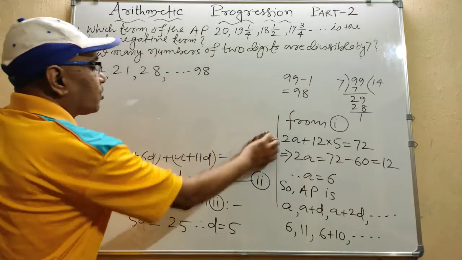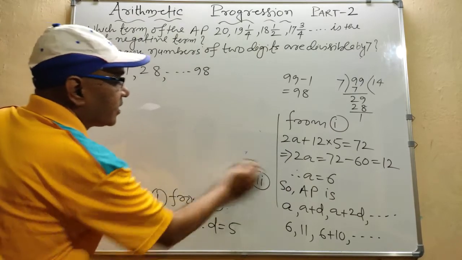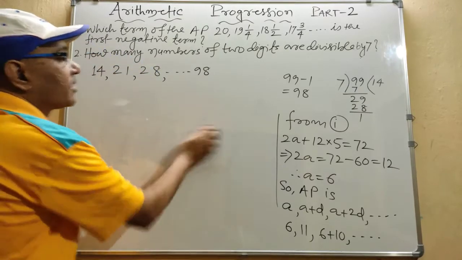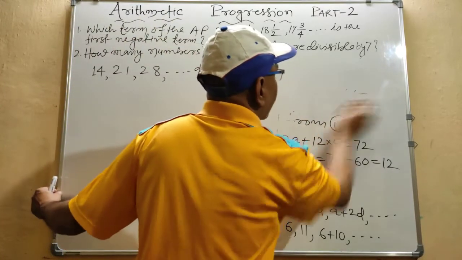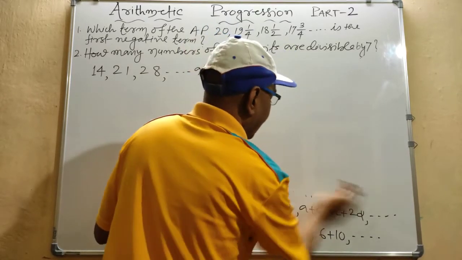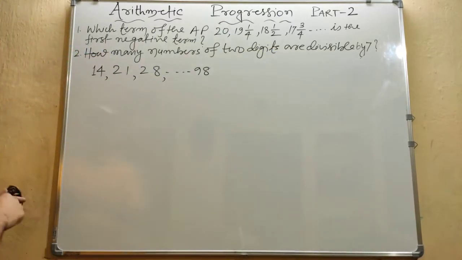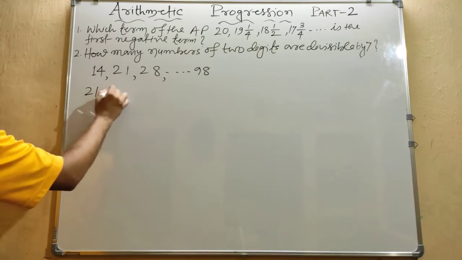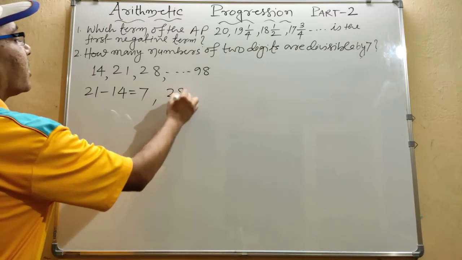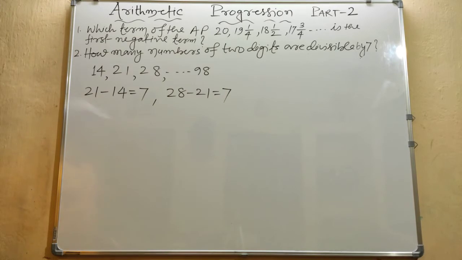Okay. So our arithmetic progression is this. Check whether it is an arithmetic progression or not. The first term is 14, the second term is 21. What is the difference of the second term and first term? 7. What is the difference of the third term and second term? That is 7. So the difference is always constant.